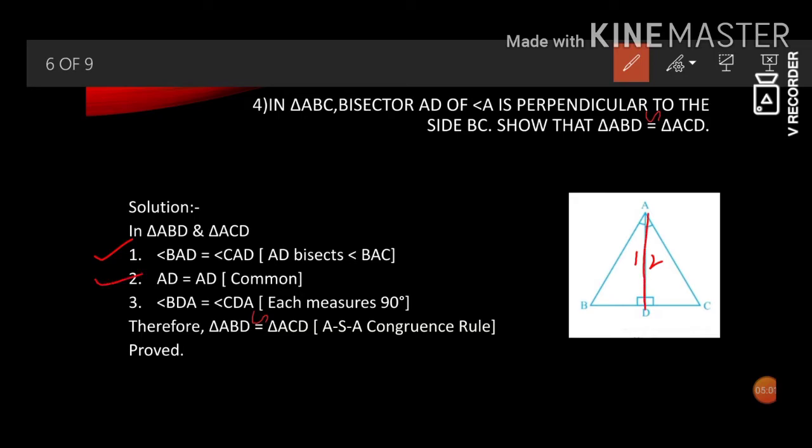AD is common to both the triangles, and angle BDA and CDA each measure 90 degrees. So we can say that the triangles ABD and ACD are congruent by angle side angle congruency rule, since the angles include the side AD.